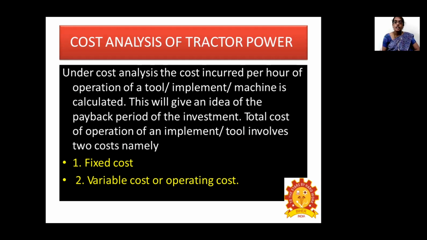This will give an idea of how many years will be required to gain the payback period of the total investment. The total cost of operation involves two costs, namely fixed cost and variable cost, which is known as the operating cost. Fixed cost won't vary, and variable cost will vary during the operation of the implement.